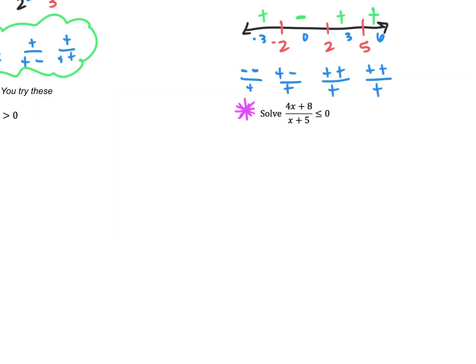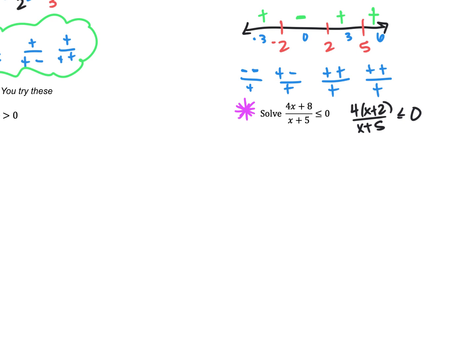First thing we need for sure are the actual zeros of the function, okay? You could factor that numerator if you want to, if it makes it easier for you, and write that as 4 times x plus 2 over x plus 5 is less than or equal to 0. That's perfectly legal, okay?